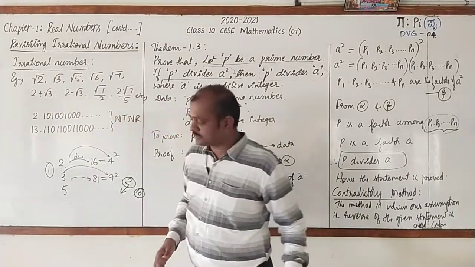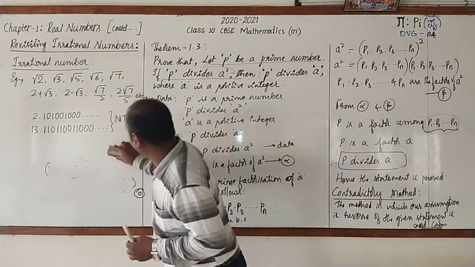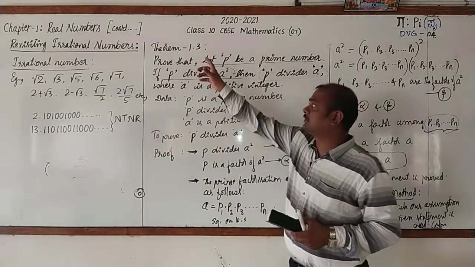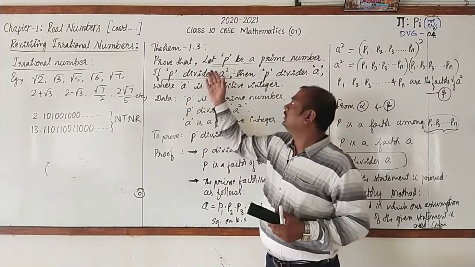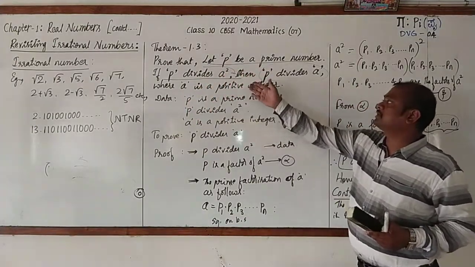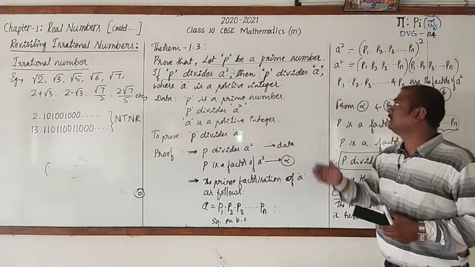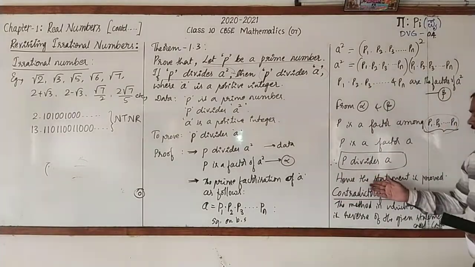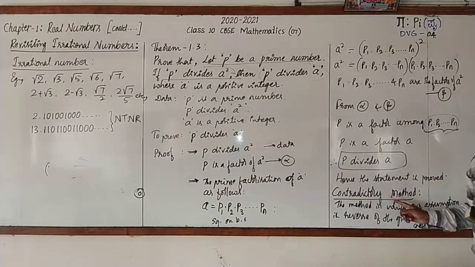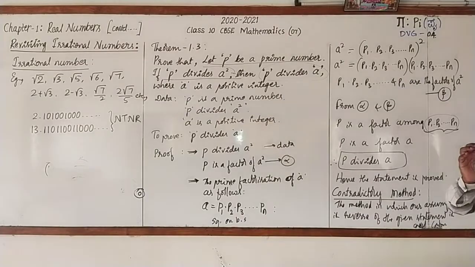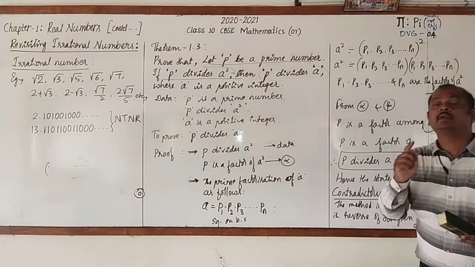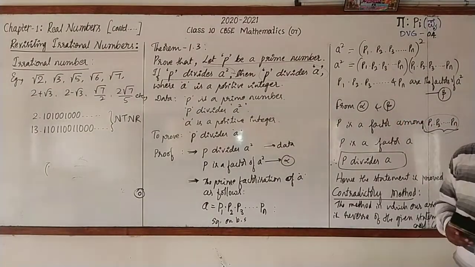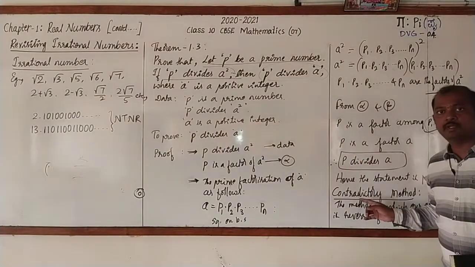After taking these examples, you will start writing from here. Theorem 1.3: If p divides a square, then p also divides a. Then after that, this is contradictory method: the method in which our assumption is reverse of the given statement. Okay? Yeah, please copy up to here.